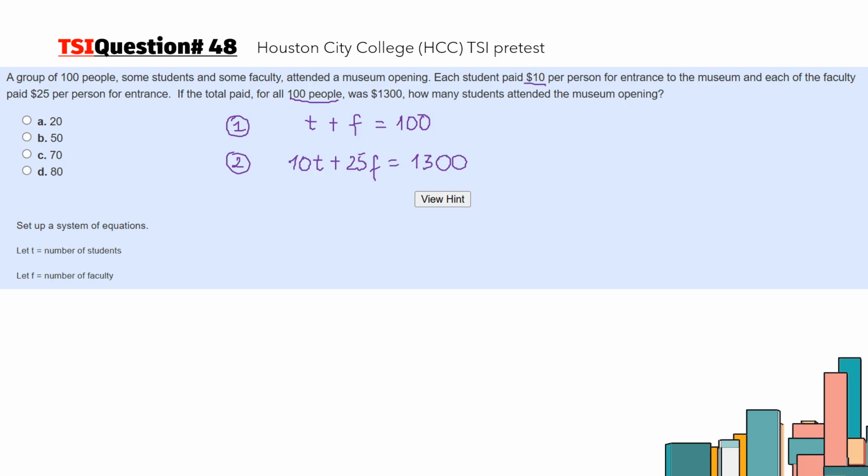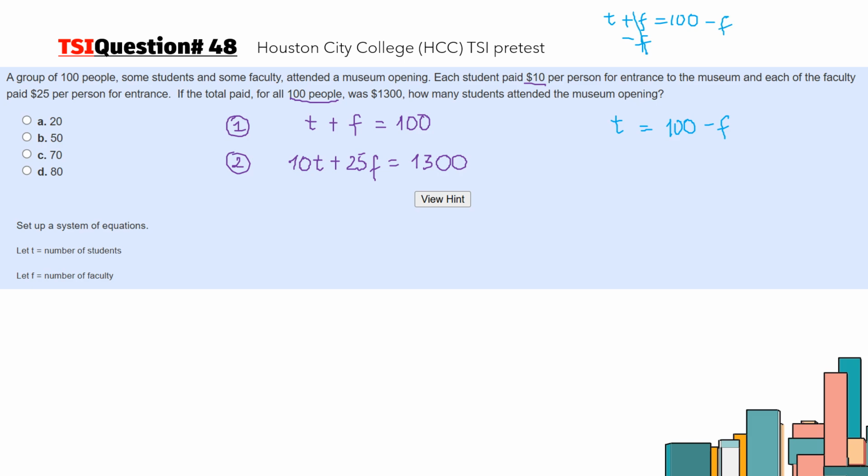Okay, now you can use substitution to solve for these questions. So we have T equal to 100 minus F, because we have T plus F is 100, so we subtract F from both sides.